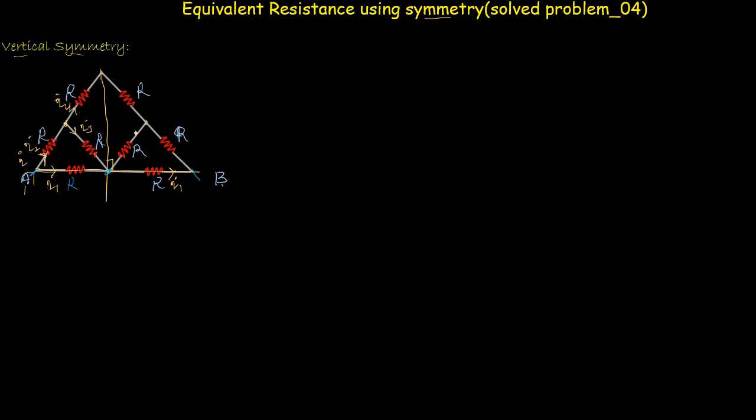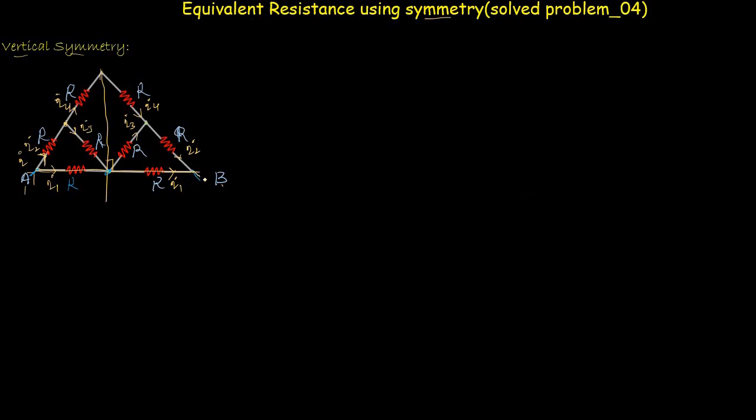So the current I3 will also be flowing through this resistor. And this current I4 will also be flowing through this resistor, because it is the mirror image. And the current through this resistor will be I2, because this resistor is the mirror image of this resistor. So the current I2 will also be flowing through this resistor.